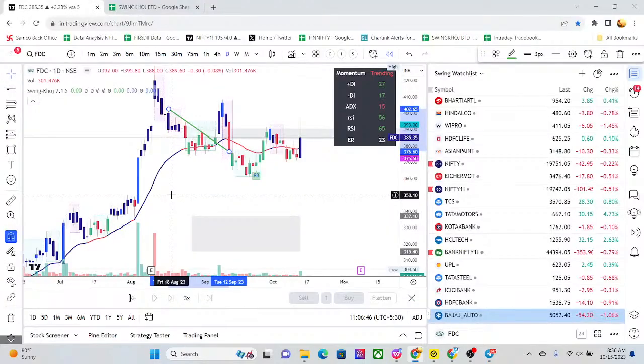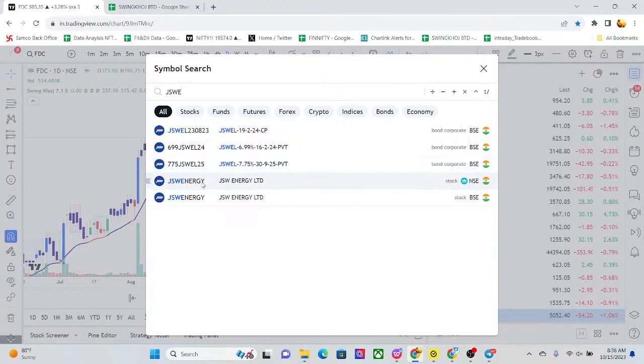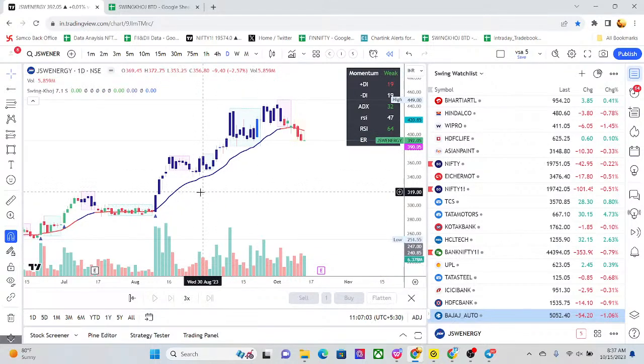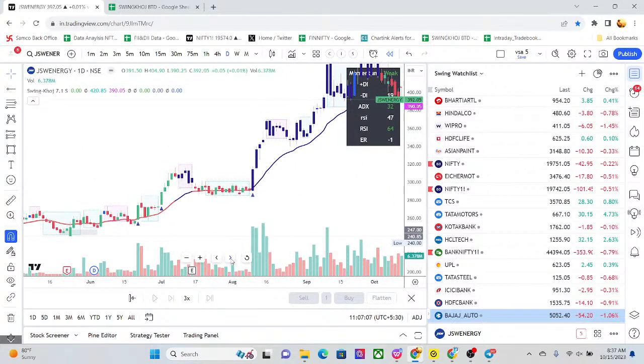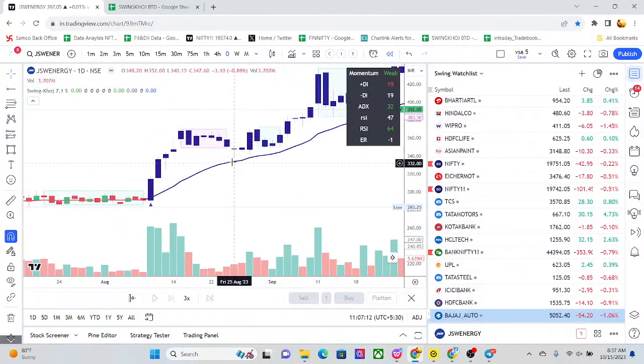JSW Energy. Date is 29. Okay, you can see this is already in a big uptrend. These are nice cheat entries.